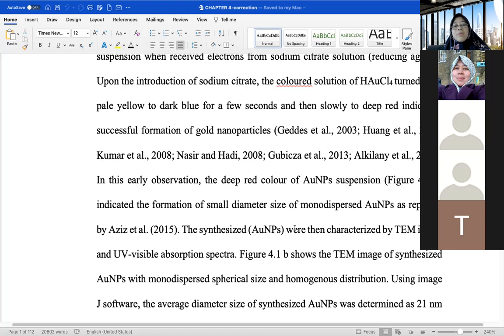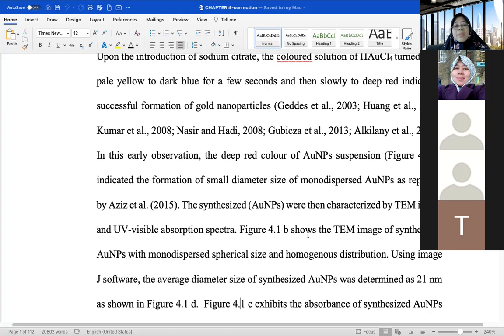The synthesized gold nanoparticles were characterized by TEM, then UV spectra. So you can see that in this section, the results are TEM and UV, to give evidence that he has obtained gold nanoparticles.